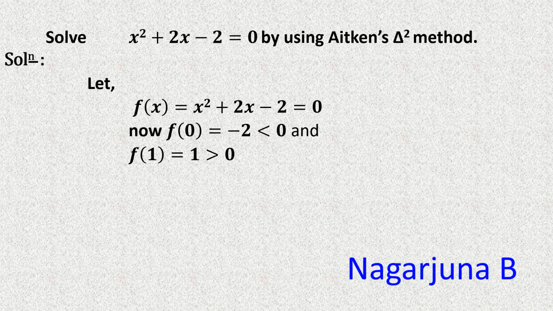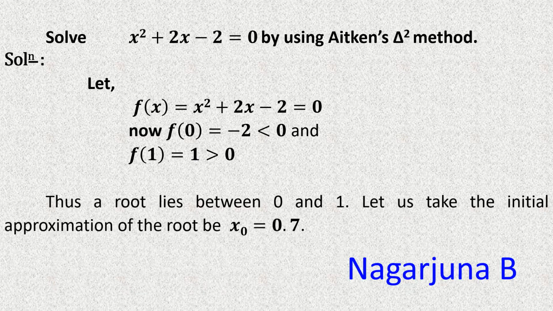That means if a and b are two values such that f of a and f of b are of opposite signs, then there exists at least one real root in the interval a comma b. Thus, a root lies between 0 and 1 because f of 0 and f of 1 are of opposite signs. Thus, a real root lies between 0 and 1.